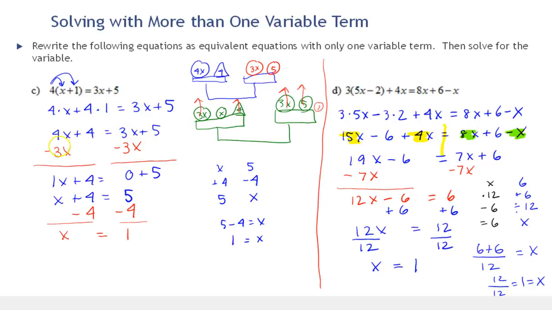First, addition or subtraction, so you only have x terms on one side. Then you can use addition or subtraction, like we did in this case, so we can bring all the number quantities to the other side. And then in this problem, we also had to do a final division step.